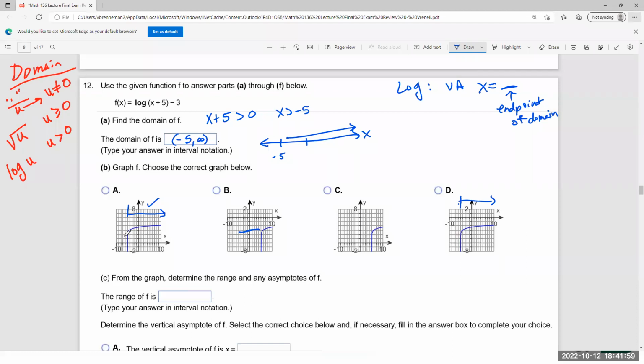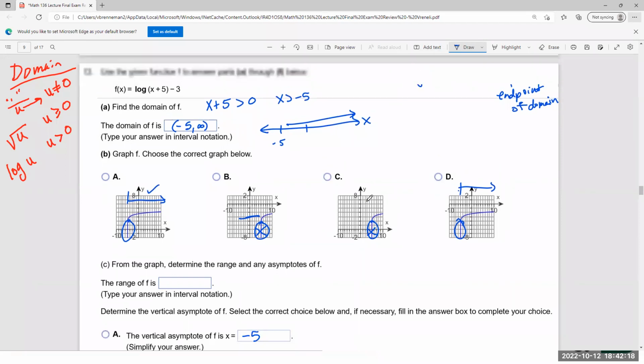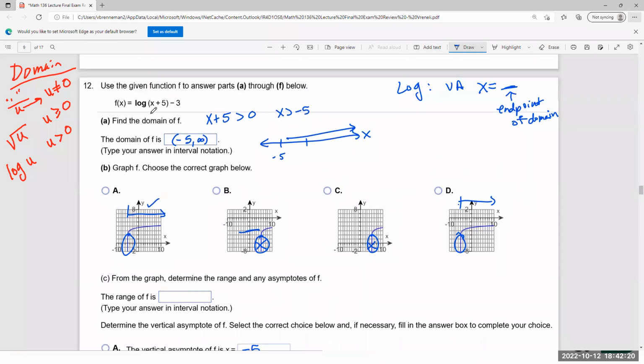So we have this part of the graph that looks vertical, but it has to be, for this example, at -5. So B and C have +5.